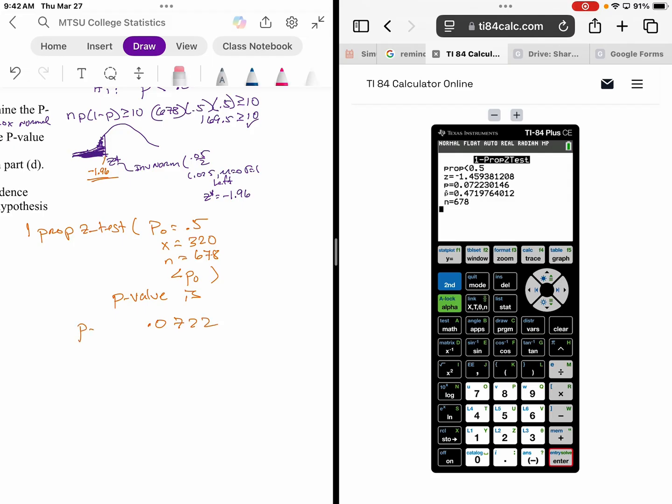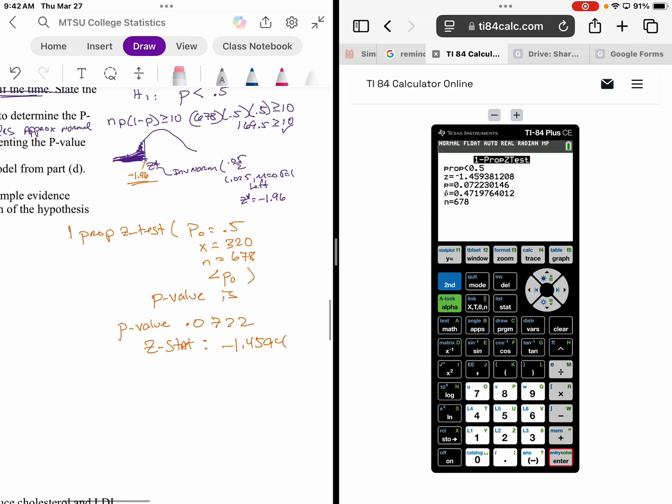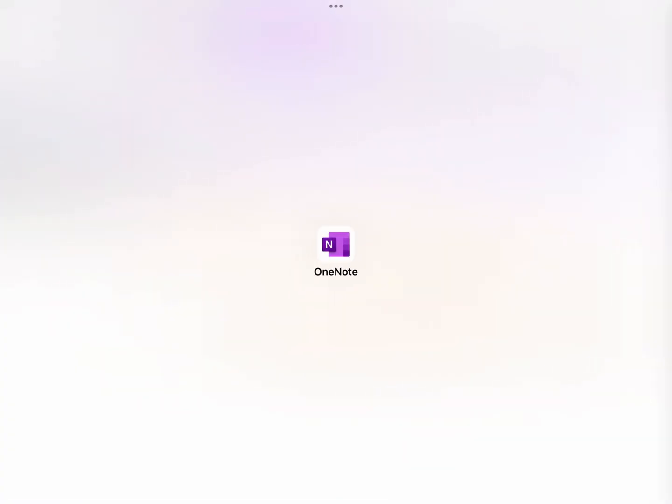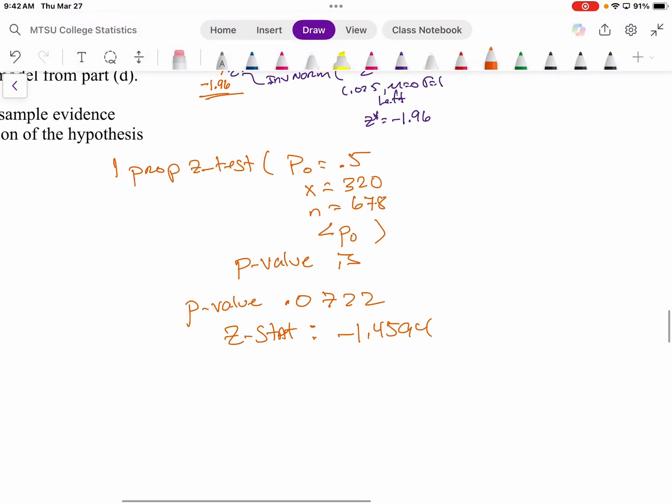That's my p-value. My z statistic is negative 1.4594. Again, they didn't state an alpha, so we're going to use the default. What can we say about 0.0722 and 0.05? Which one's bigger?